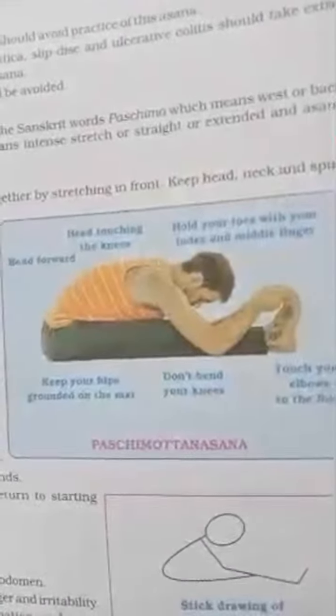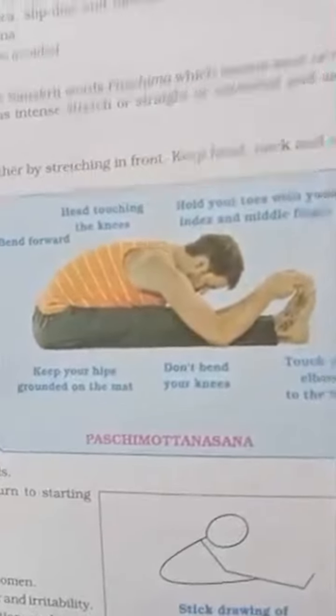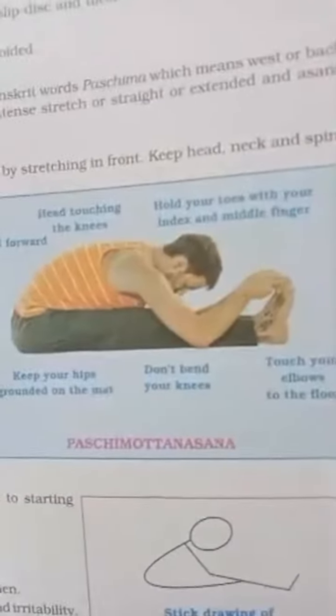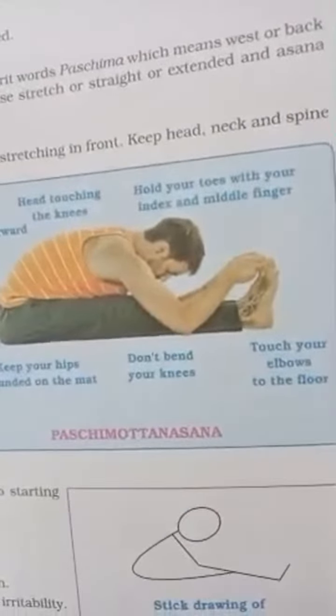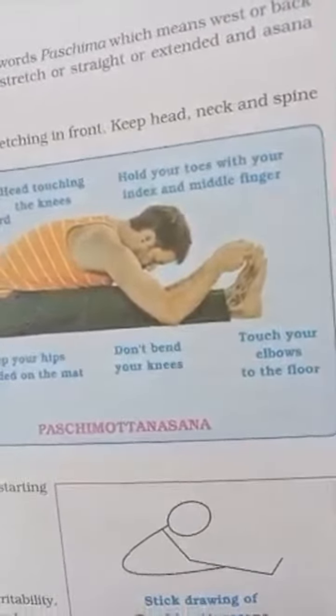You will have to pull your upper body, take a deep breath and exhale slowly. Try to touch the head to both knees. Bend the arms and try to touch the elbows to the floor. Exhale completely, sixth step, and holding the breath, stay in this posture for a few seconds.